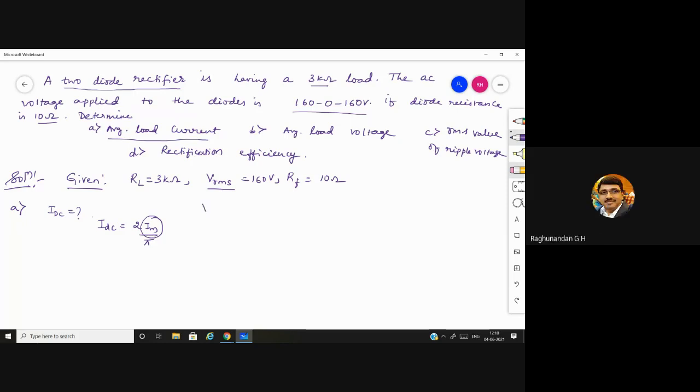The other relationship, with respect to Im and Vm, is the next step. But first we need to find Vm. So Vm is equal to VRMS into root 2.